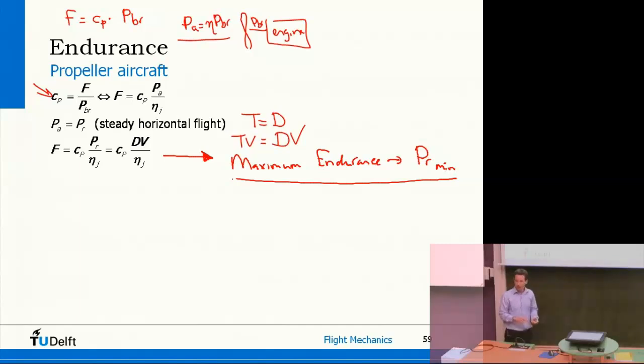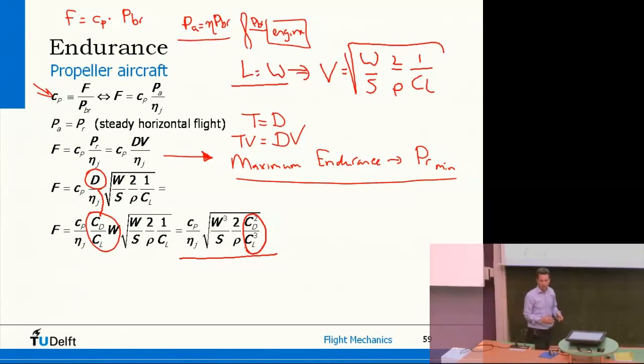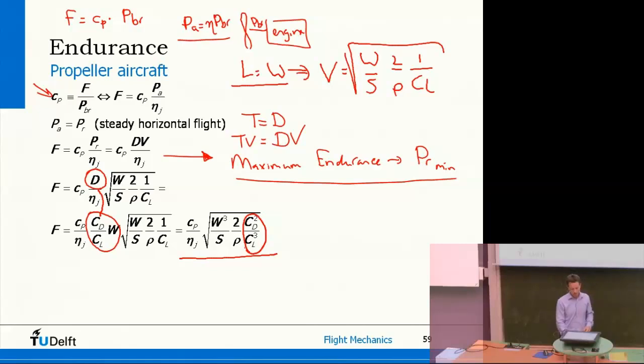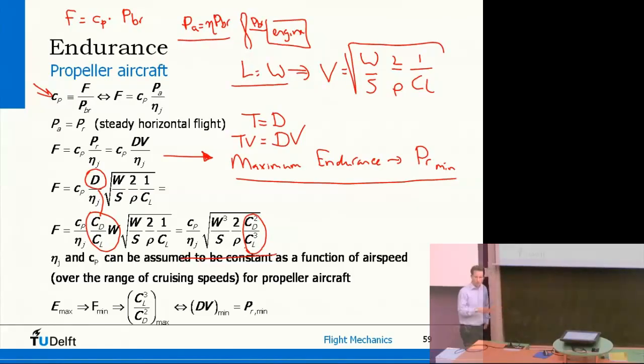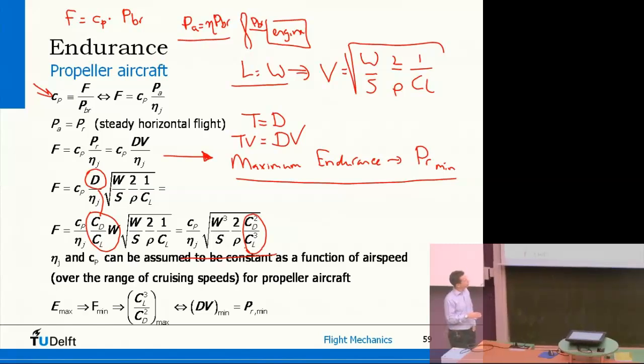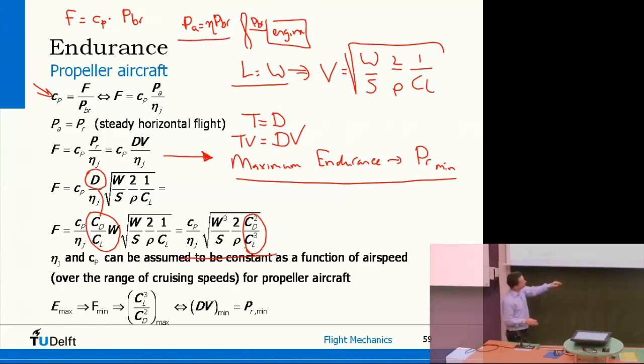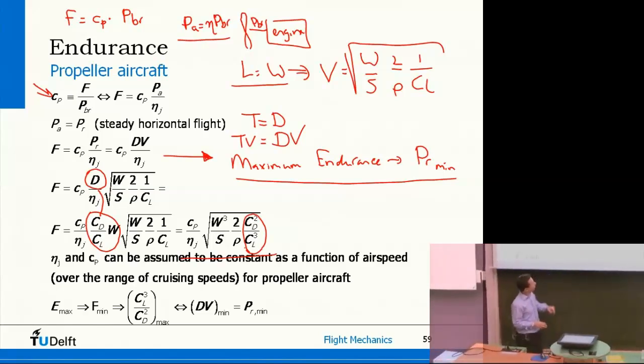It depends on the aircraft weight, wing surface area, air density, and this relationship which depends on the aerodynamics. Now CD and CL are again the only variables really in this equation. So we want maximum endurance, so minimum fuel flow. So we want to maximize this ratio of CL to the power 3 over CD squared.